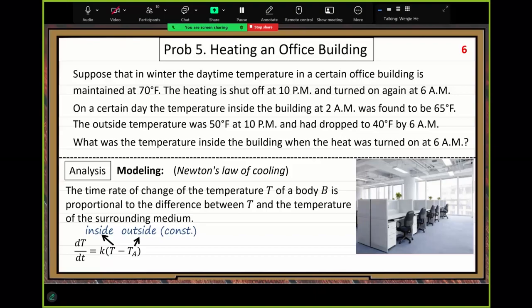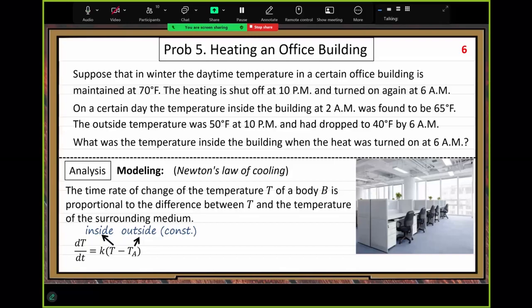So we cannot apply Newton's law directly; we need to do some pre-processing to make it fit Newton's law.